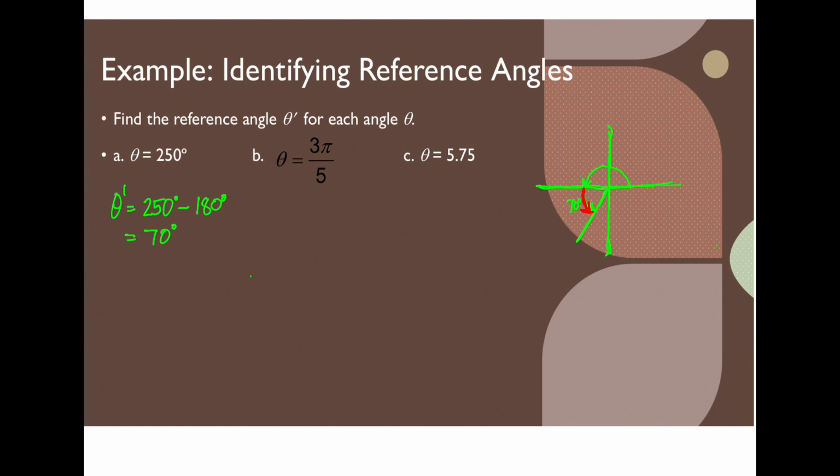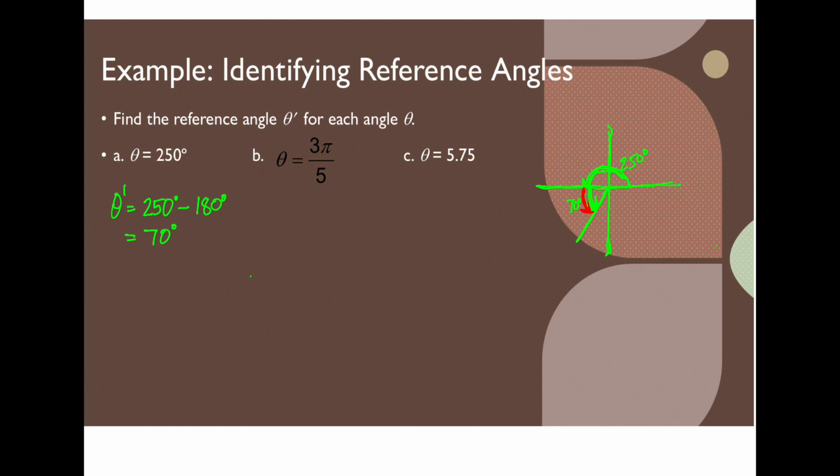The red, the green, of course, was 250. So 70 and 70, that's in the third quadrant. We have to know what quadrant it's in, and 250 will have similar trigonometric outcomes.